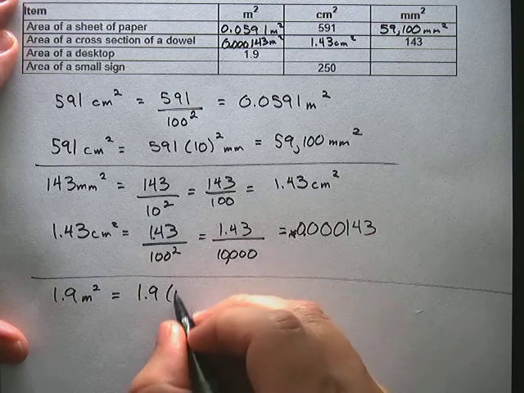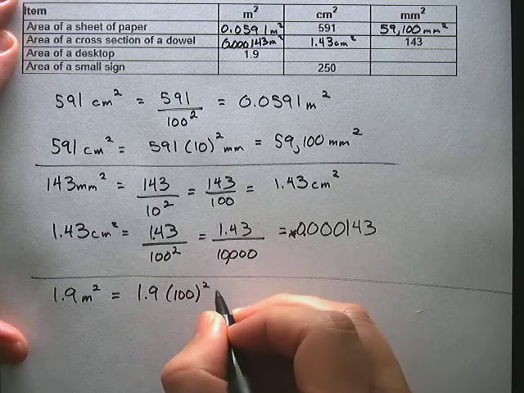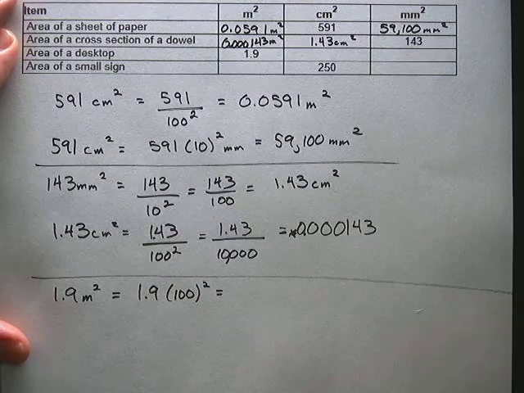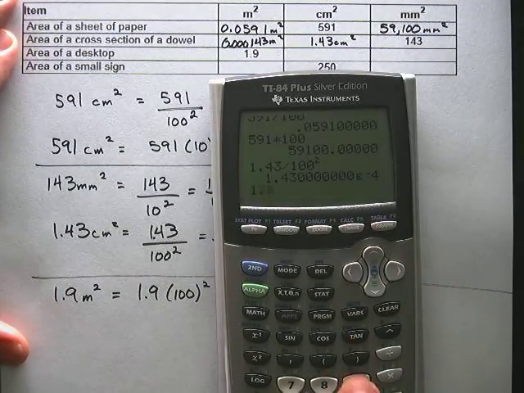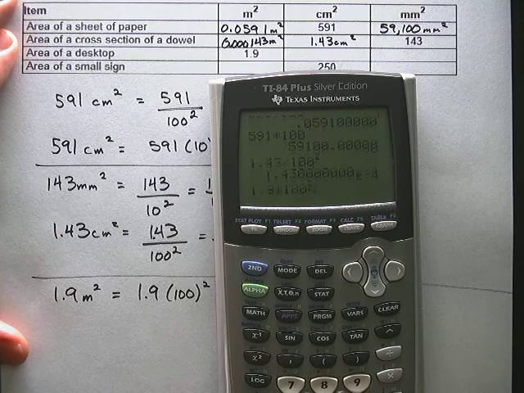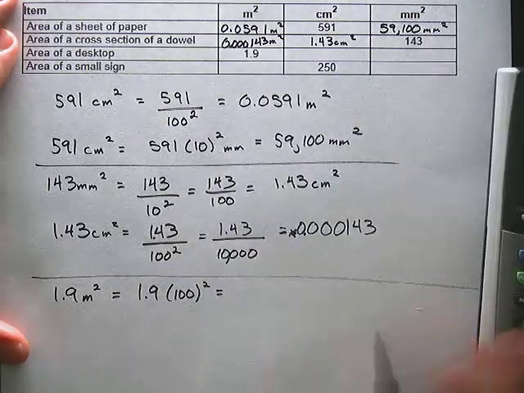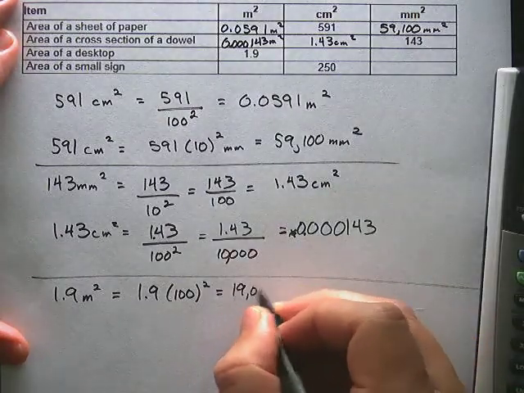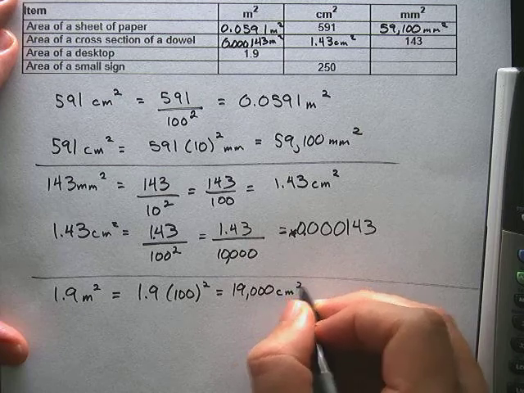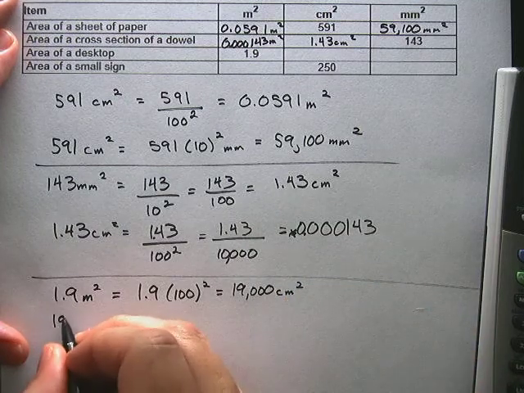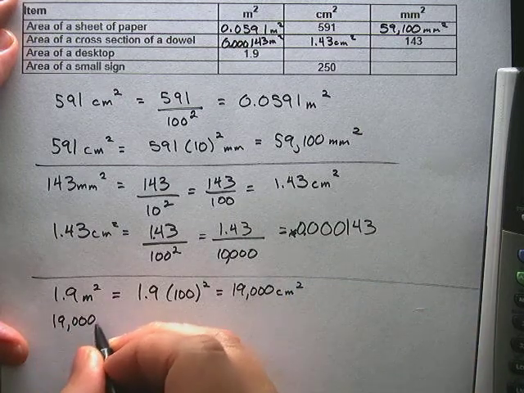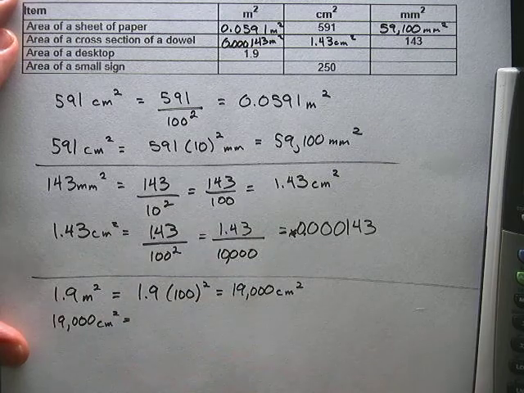So we're going to do 100 squared, and we're multiplying. Okay, so 1.9 times 100 squared, and we get 19,000 square centimeters.